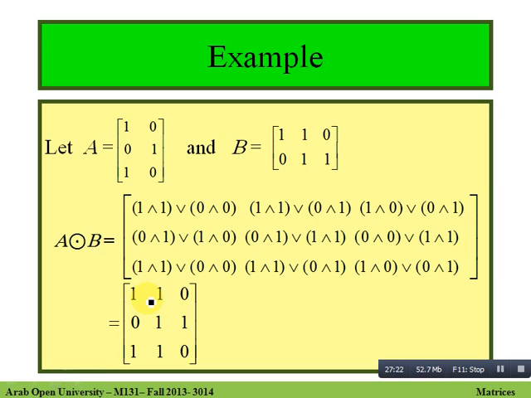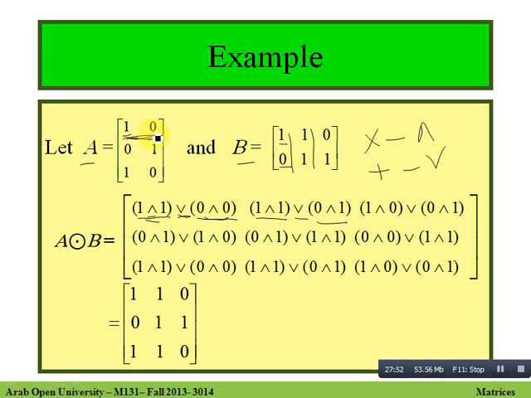For example, if you see this one, we are multiplying A and B, the Boolean product of A and B. First it is 1 into 1, and for into we use and, 1 and 1, plus, first row first column, right? So 0 into 0, so 0 and 0. For into we use and, for plus we use or. So we are going to add these two by or. If you solve this one, again first row second column is 1 and 1 or 0 and 1.